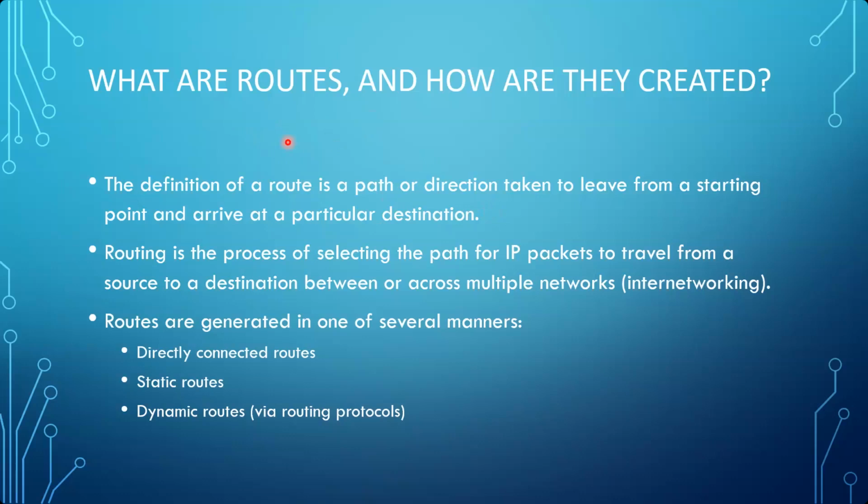Let me see. Oh, have you guys ever used GPS or the map application on your phone and maybe even gone the wrong direction a time or two and it says rerouting? Well, your GPS essentially is a router of sorts that's telling you how to get from wherever your starting point is to arrive at a particular destination. Well, routers are basically the GPS of the internet. That's what they do.